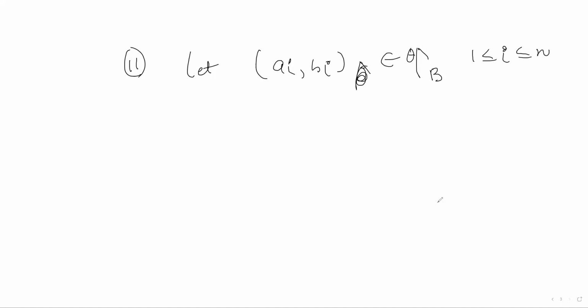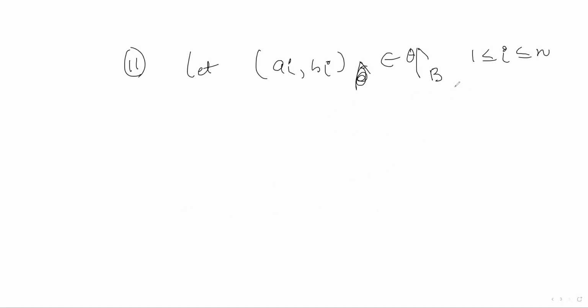Second part, so I have to show that this theta restricted on B is a congruence on B. So for that, let's say I have a_i, b_i belong to theta restricted on B, where 1 is less than or equal to i, less than or equal to n.